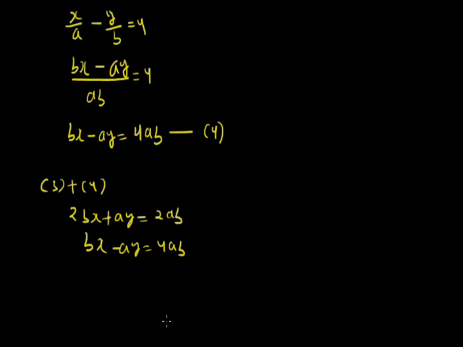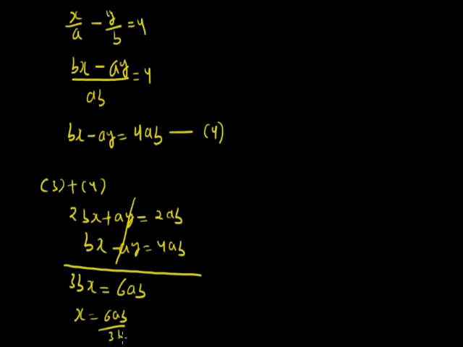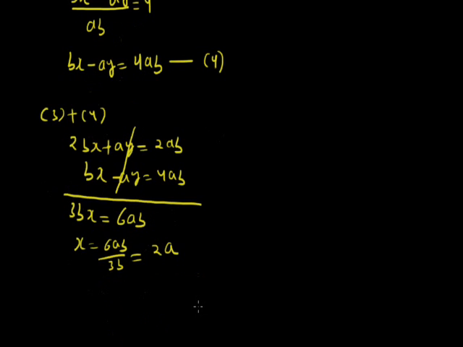If we add these two, ay and ay get cancelled, so 2bx plus bx, that is 3bx, is equal to 2ab plus 4ab, that is 6ab. So x is equal to 6ab divided by 3b, so we are left with 2a. So the value of x is 2a.